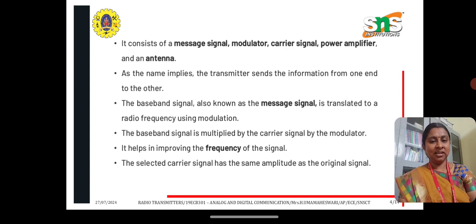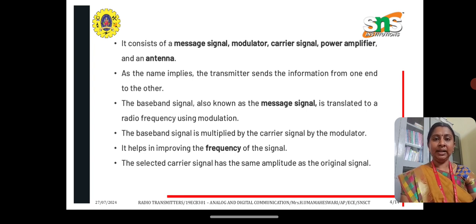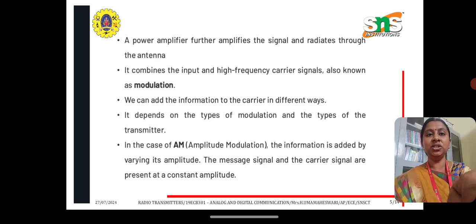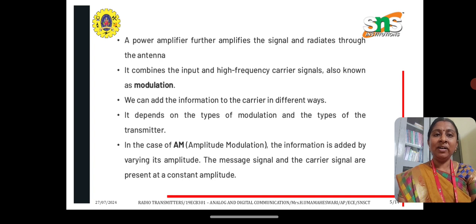The baseband signal, which is also called a message signal, is translated to a radio frequency using modulation. The baseband signal is multiplied by the carrier signal by the modulator. It helps in improving the frequency of the signal. The selected carrier signal has the same amplitude as the original signal. Then the power amplifier further amplifies the signal and radiates it through the antenna.